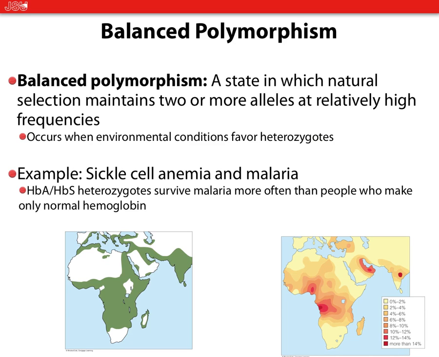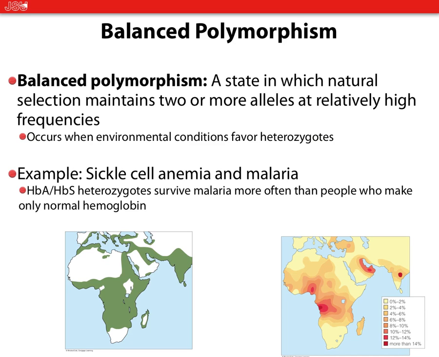Another example, though, is sickle cell anemia. There are two sickle cell types: sickle cell disease and sickle cell trait. If you have both sickle cell alleles, you have the disease. You don't have protection from malaria in that situation. But remember we've said that everyone has two alleles for a gene, right?